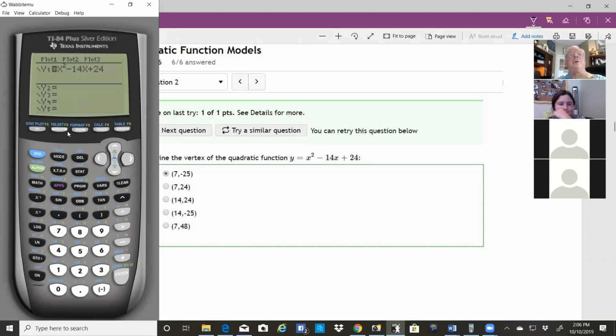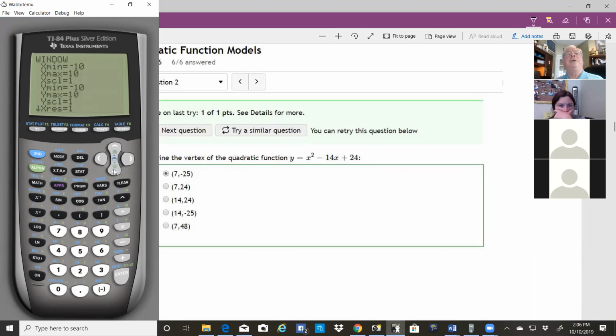So let's zoom to the standard window and we won't even see much of it. You just see a part of it because the vertex is at 7 and minus 25.